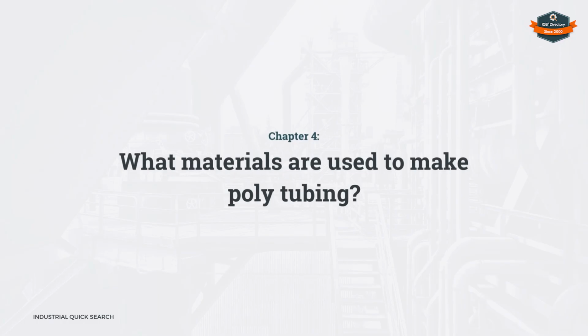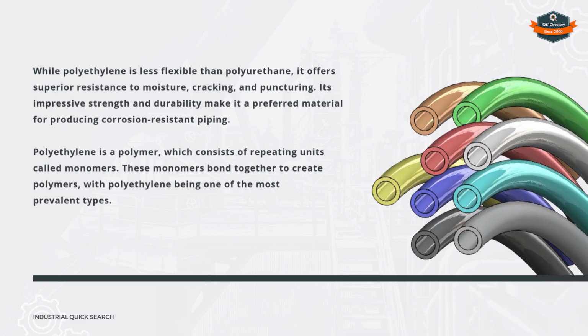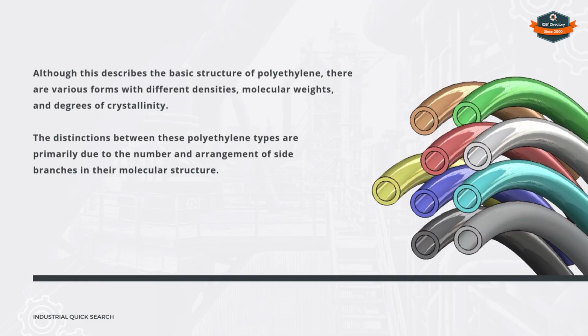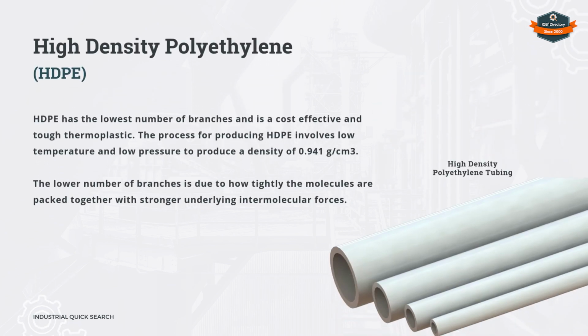Chapter 4. What materials are used to make polytubing? High-density polyethylene.